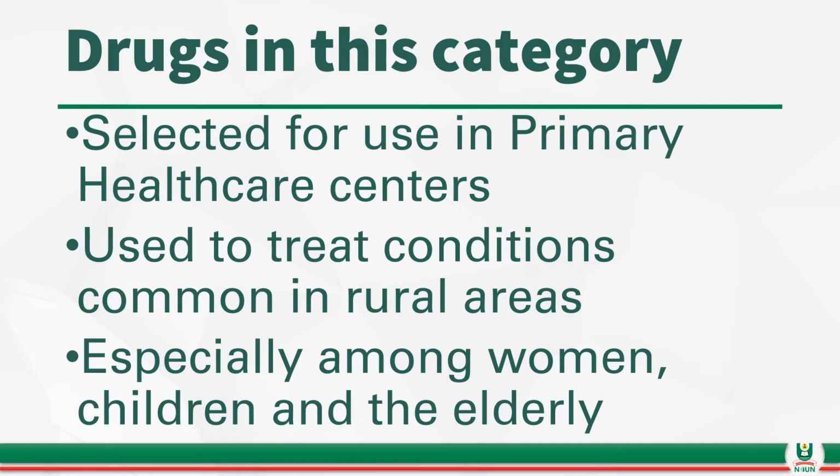This is how we categorize drugs in these aspects of public health. First, they are used in primary healthcare centers, and primary healthcare centers are usually located mostly in rural areas because they help to treat conditions that are common in those areas, especially among women, children, and the elderly.